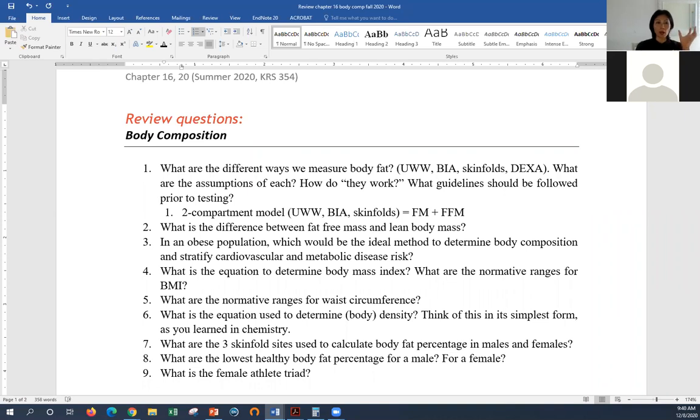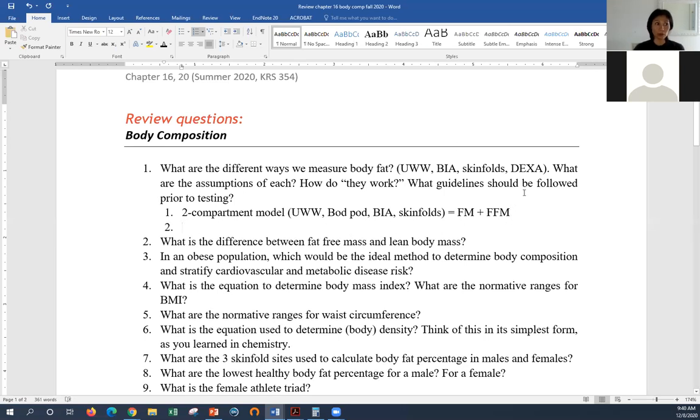Fat mass is fat, and fat-free mass is everything that's not fat mass. So we're taking the body and breaking it down into 2 compartments. And this is the model which underwater weighing, the Bod Pod, BIA, and skin folds use.